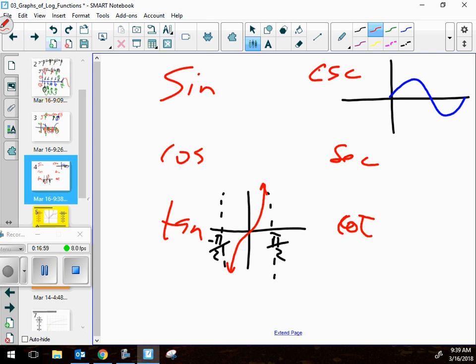So wherever sine hits 0, which is here and here and here, what would happen if you're doing 1 over that? 1 over 0, which would be what? Undefined. It can't happen. So at those moments, our cosecant graph has asymptotes because it can't work there.